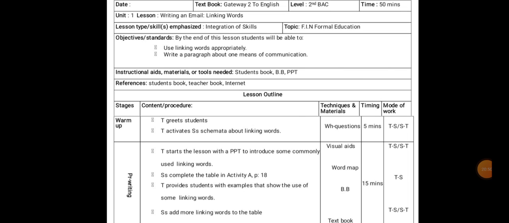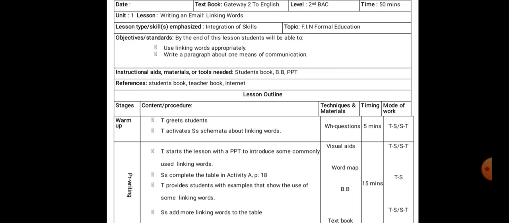The second stage is pre-writing. The techniques and materials that are used: visual aids, word map, blackboard, and textbook.